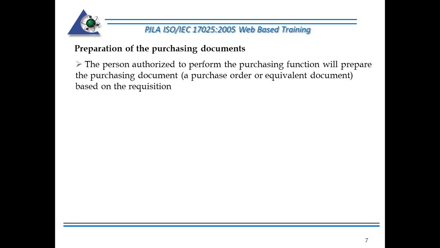That person writes a requisition describing in a technical sense what the supplies are or what the service is that's needed, and that then is handed to a person with authorization to purchase or procure services or supplies. That generates the document, the purchase order.